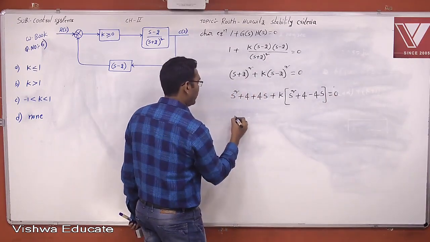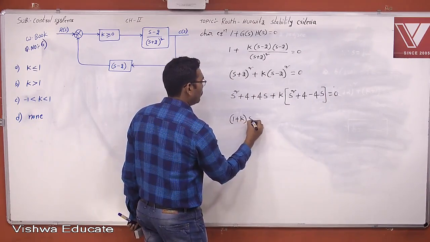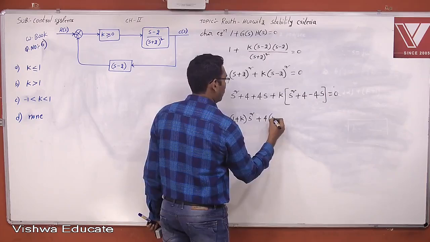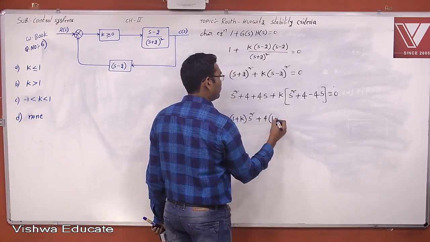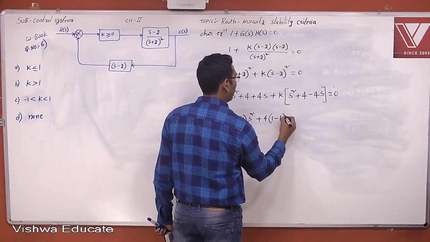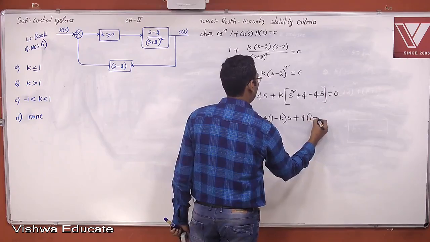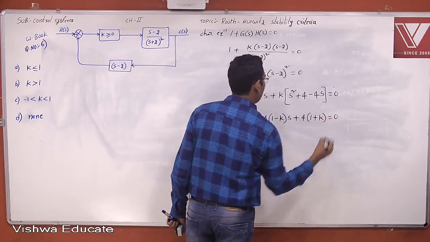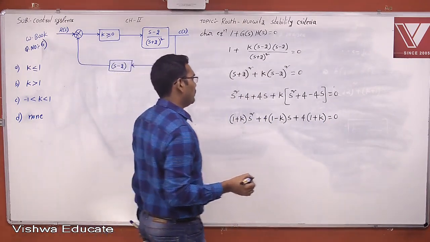Therefore, if you take s square as common, (1 plus k) into s square plus (1 minus k) into s plus (1 plus k) equal to 0. This is the characteristic equation, as square plus bs plus c equal to 0.